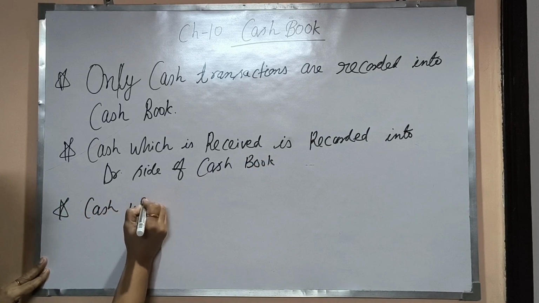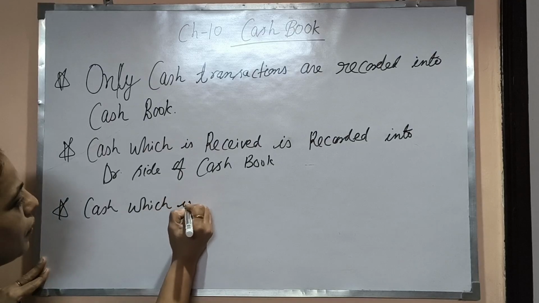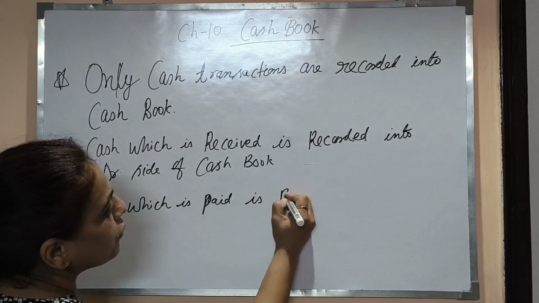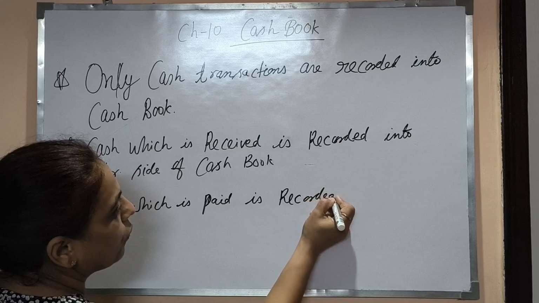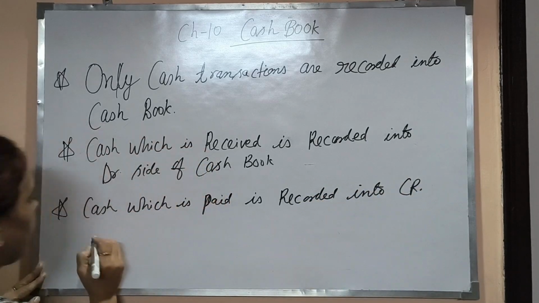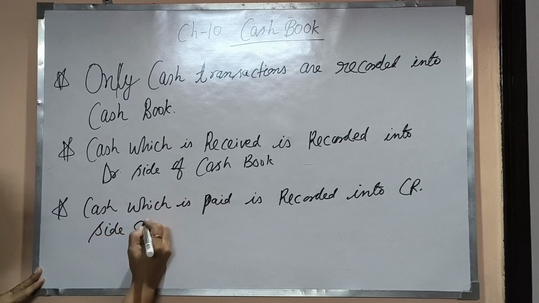Cash which is paid is recorded into the credit side of the cash book.